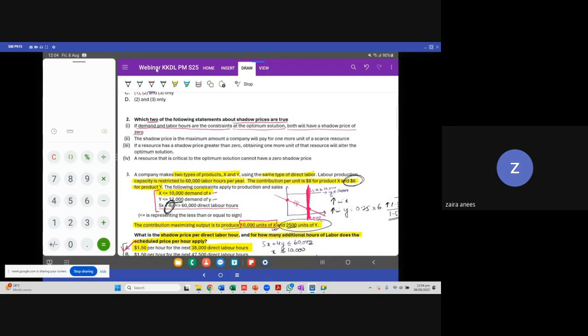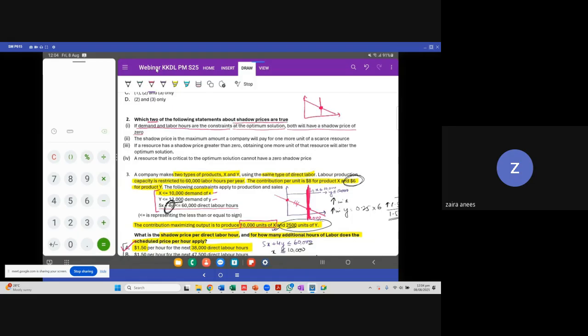If demand and labor are at the constraint at the optimum solution, demand means what? Demand means this line, and labor hour means this line, probably at this point. If demand and labor hours both are constrained at the optimum solution, both will have a shadow price of 0. Do you think labor shadow price is 0 in this case? Labor is at the solution.